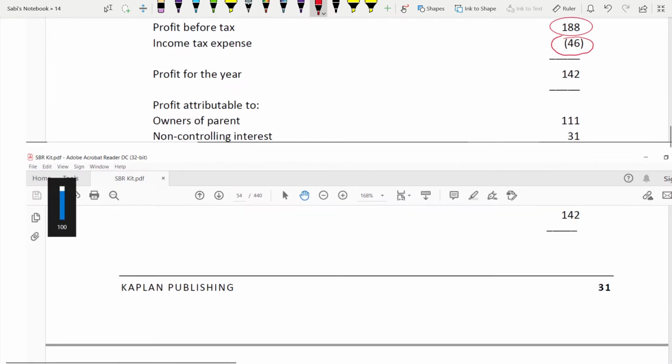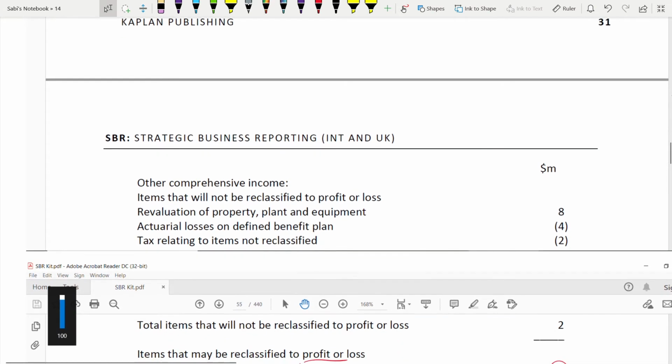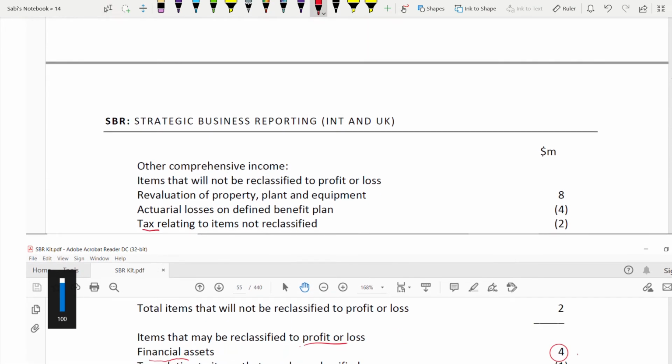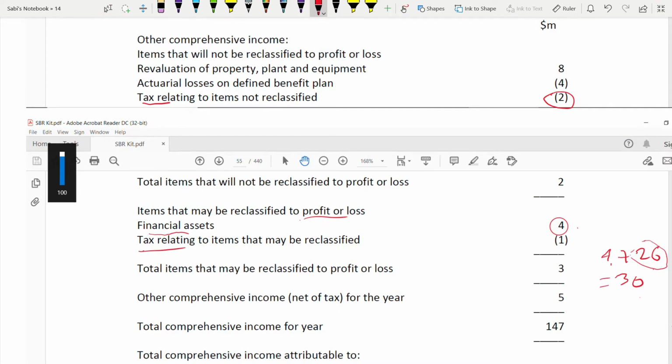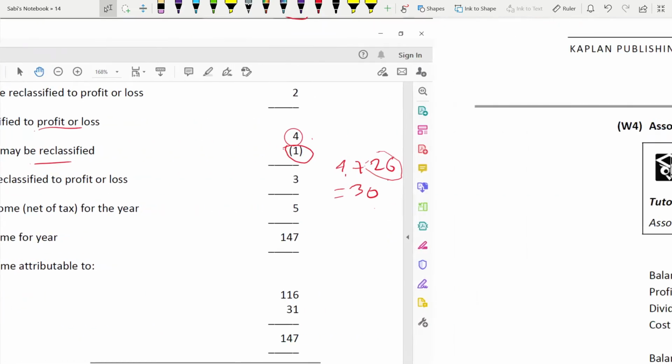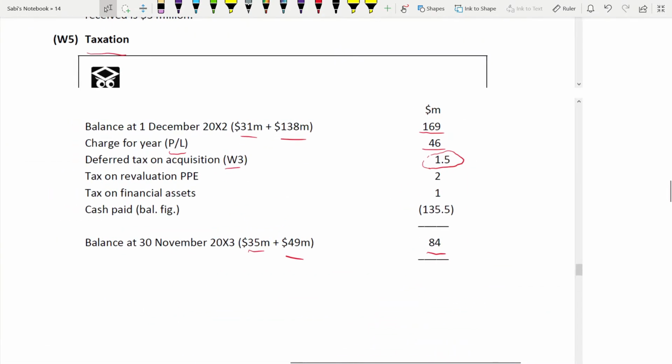Next, we have deferred tax for tax relating to items not reclassified, which is 2. Tax relating to items that will be reclassified, which is 1. So 2 and 1. Okay, so we can take 2 and 1.